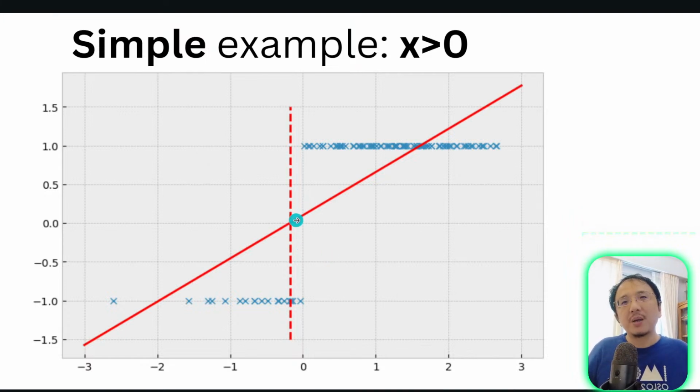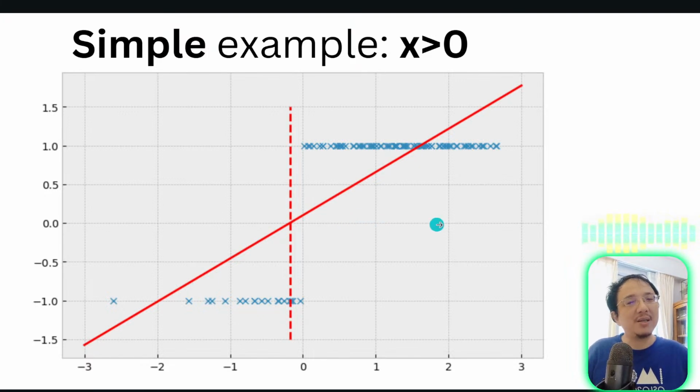By this way, we can actually do the classification, and in fact, this method is very reasonable. The only problem is the result is not very good, especially if the dataset is imbalanced. If the dataset is balanced, like 50% of the data is positive and 50% is negative, you can try that.